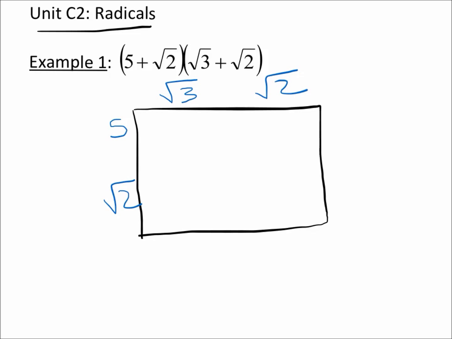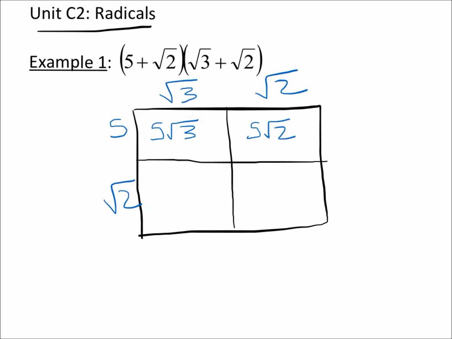Now I can start going through and multiplying. 5 times the square root of 3 is 5 root 3. 5 times the square root of 2 is 5 root 2. The square root of 2 times the square root of 3 is the square root of 6. And the square root of 2 times the square root of 2 is the square root of 4.